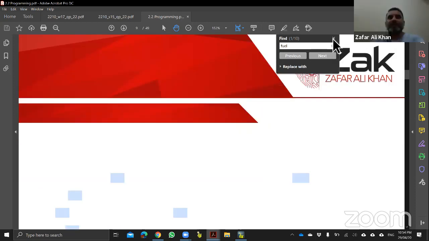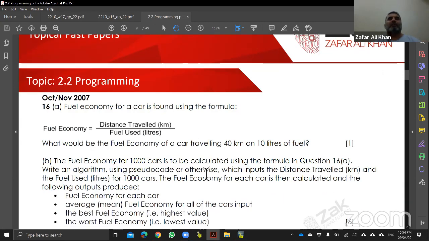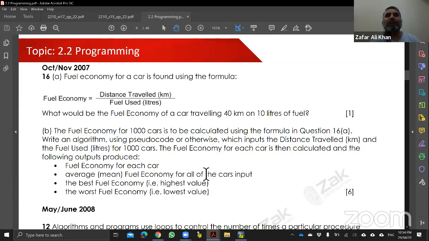This question says October, November 2007, fuel economy for a car is found using the formula: fuel economy is equal to distance traveled in kilometers divided by fuel used.